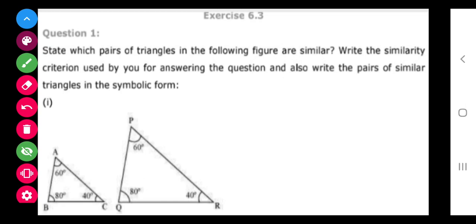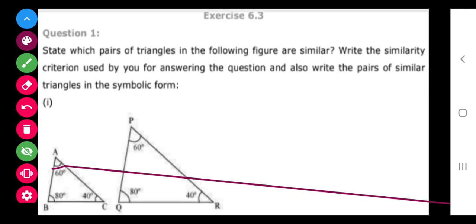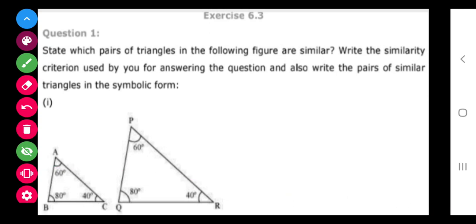Now angle A is 60, angle P is 60, angle B is 80, angle Q is 80, angle C is 40, angle R is 40. So you will say by AAA, these two triangles are similar.